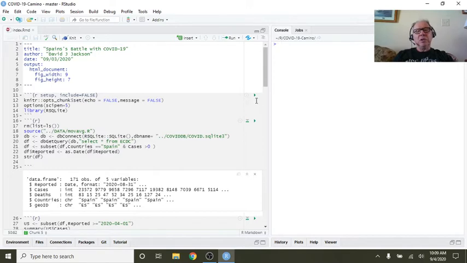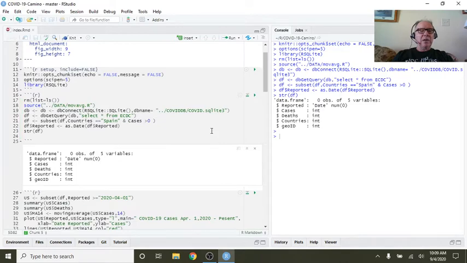We went through this a few times before. We load the library. By the way, this here gets rid of the scientific notation, the exponential notation in your numbers. So we just loaded our SQLite library. Now we load our data.